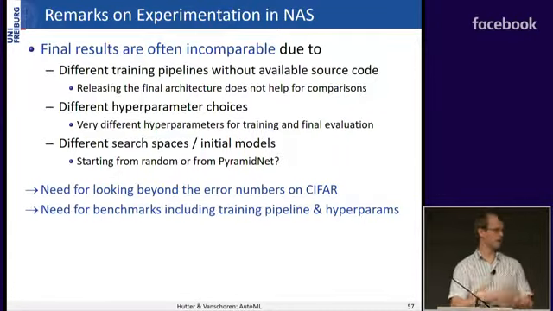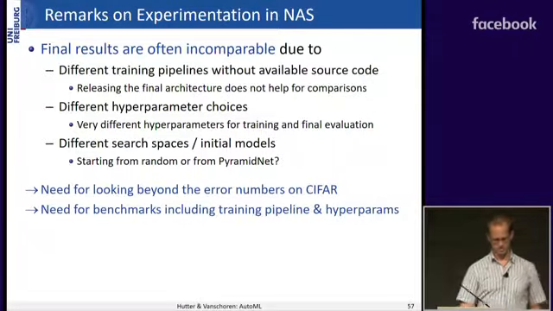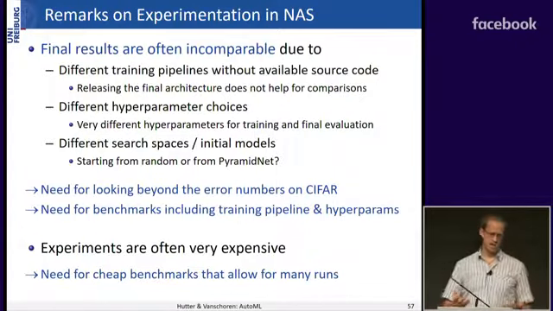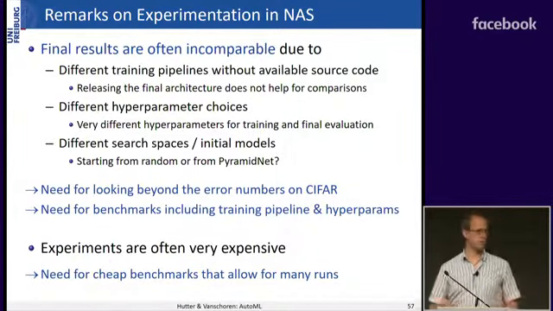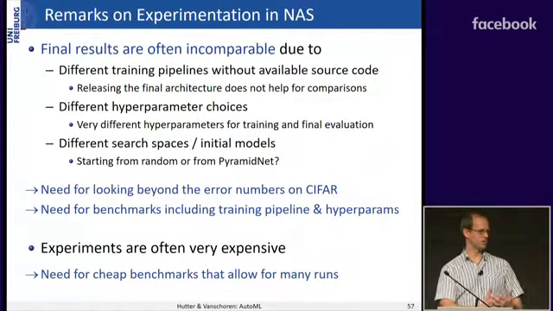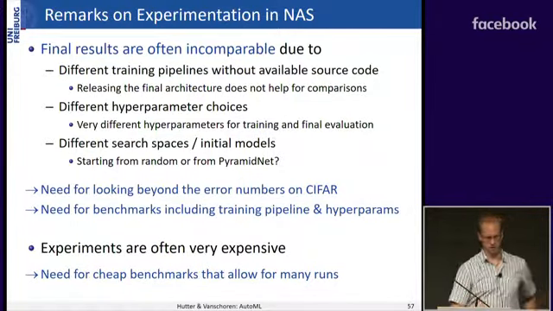Then we can compare these different neural architecture search methods on a fair basis. Finally, experiments are often very expensive, so there's also a need for cheap benchmarks that give us some information about which methods work well, so we can do a lot of runs and get statistical significance.